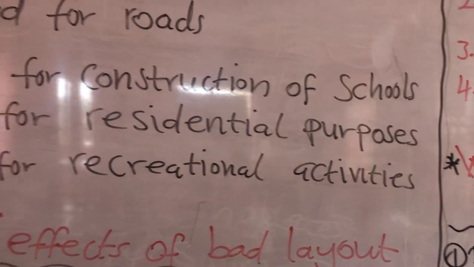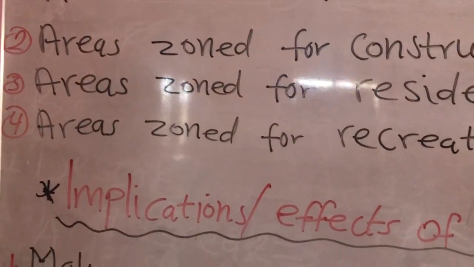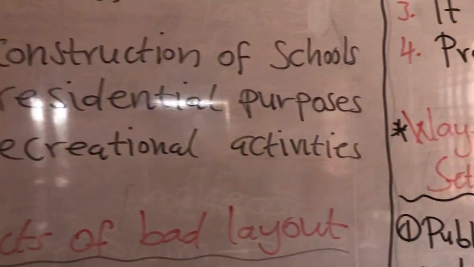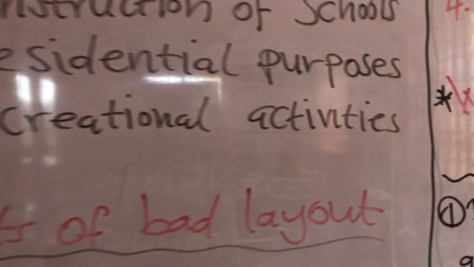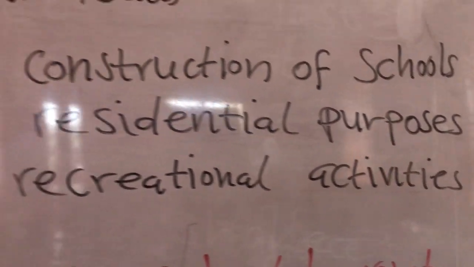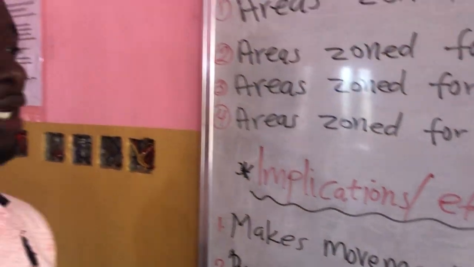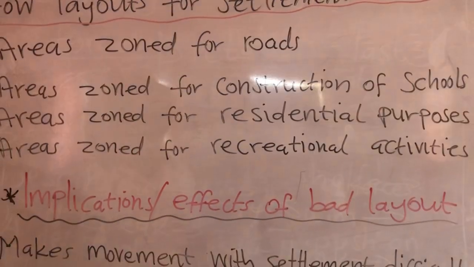We also learn the ways of preventing bad layout settlement, and then we discuss the causes of flood, effects of flood, and ways of controlling flooding in Ghana, because we all know that flood is considered a natural disaster.